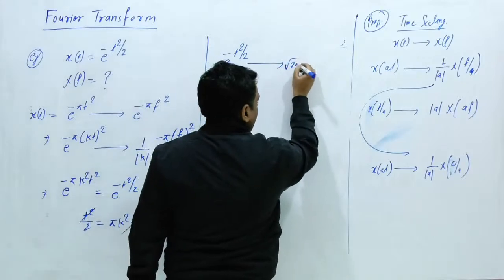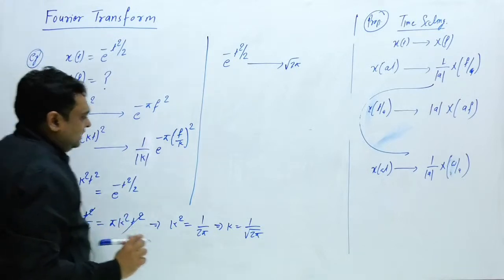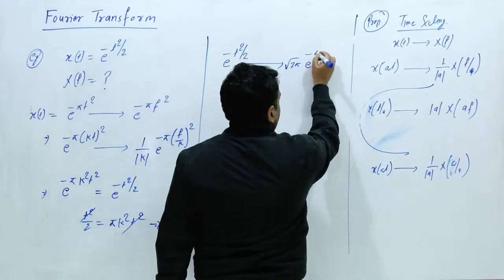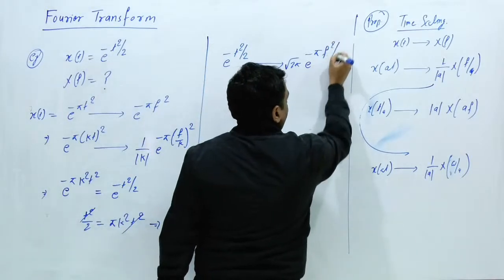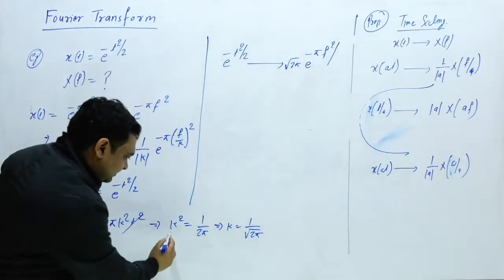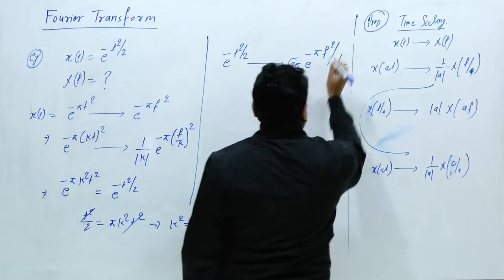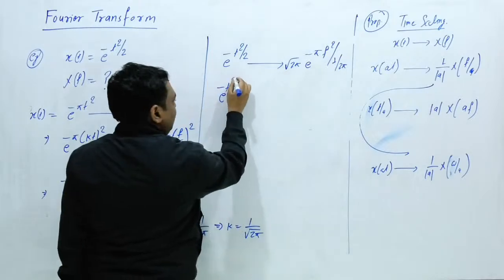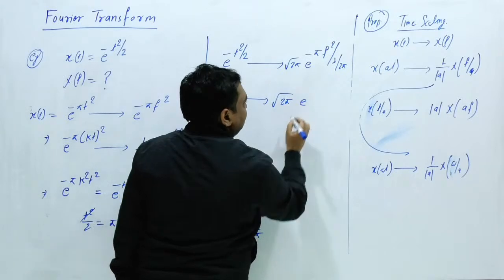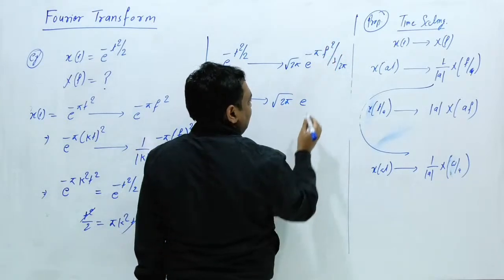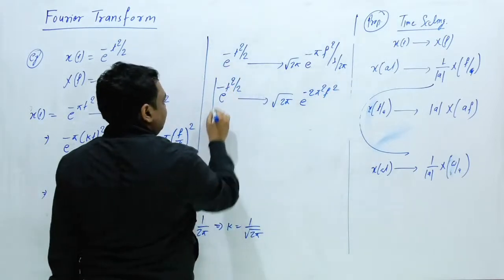This is root over 2 pi, e raised to power minus pi f square by k square, and k square is nothing but 1 upon 2 pi. So what answer will you get? The Fourier transform of e raised to power minus t square by 2 is root over 2 pi e raised to power minus 2 pi square f square. This will be the answer.